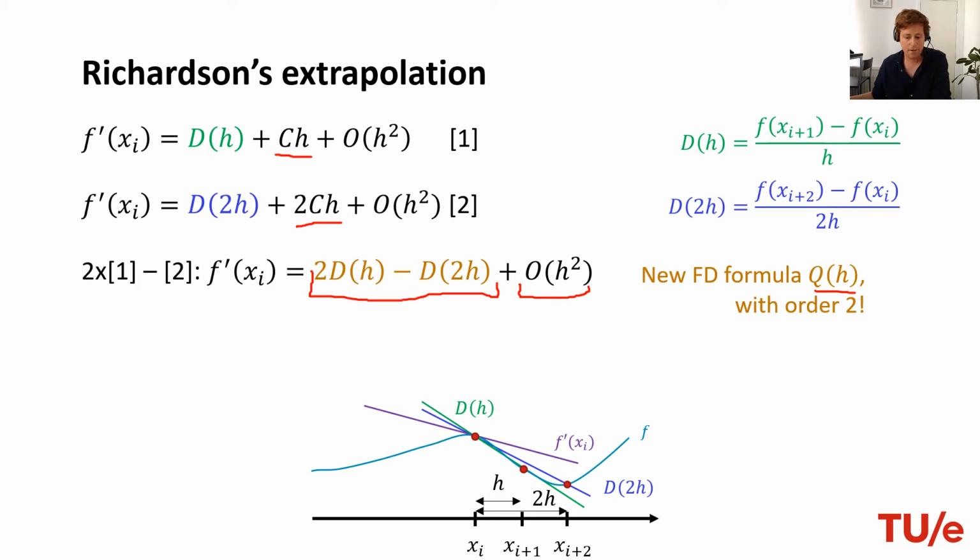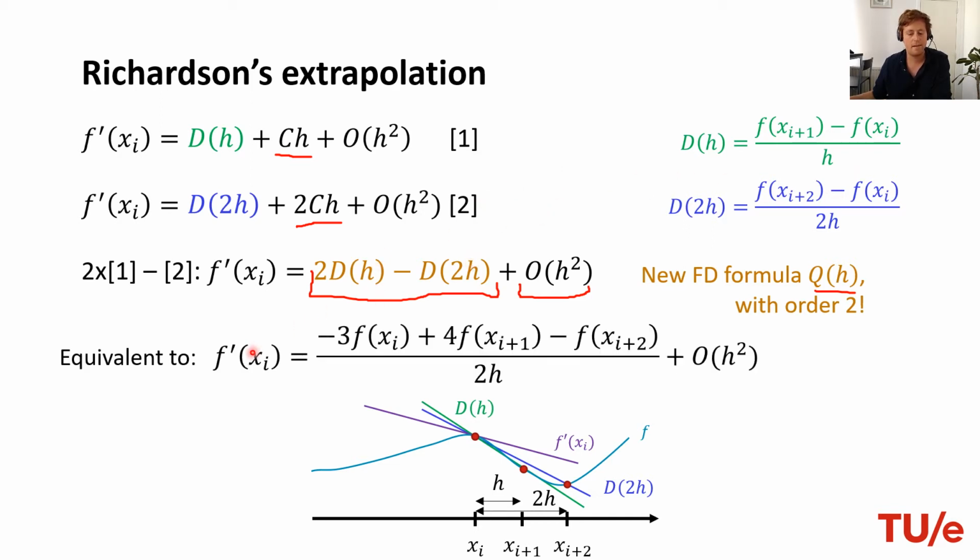So with some very simple algebraic manipulation, we came up with a new formula Q h, which is 2 times D h minus D evaluated at 2h, and that has an error of order 2. Now, if we explicitly evaluate what this means in terms of function values, we can simply plug in these terms here, and we see that this is equivalent to the following finite difference formula over here.